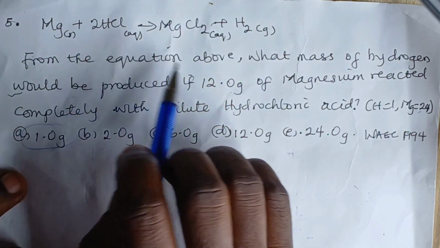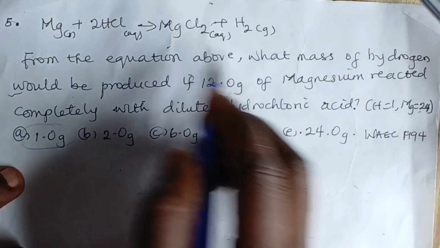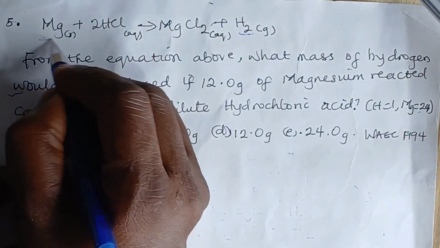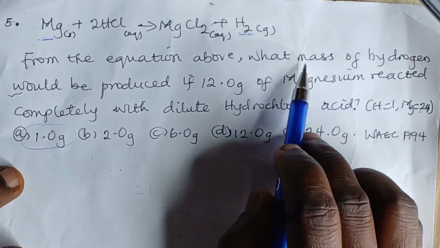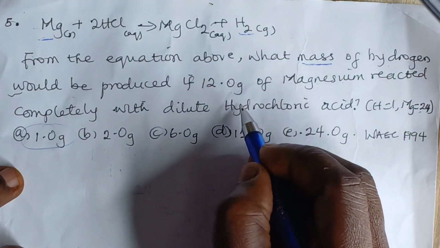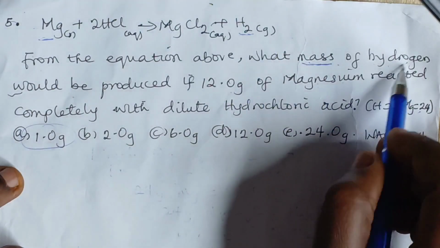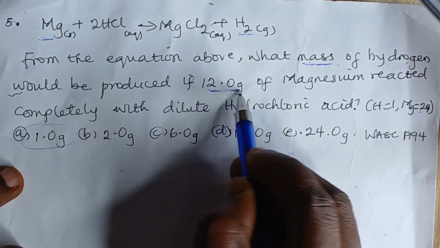So from here, identify the elements we are working on: hydrogen and magnesium. From this equation of reaction, what parameter are we considering? Mass. What mass of hydrogen, and also mass of magnesium, because this is in gram.